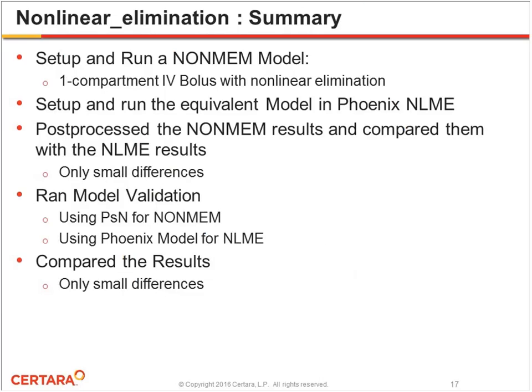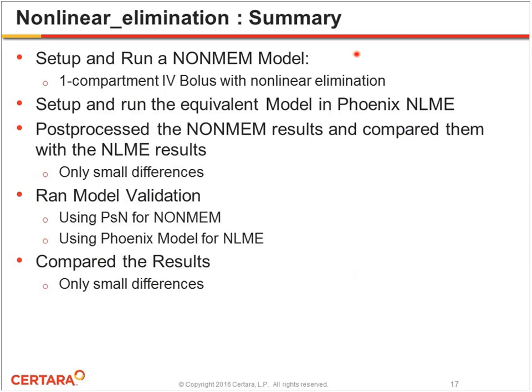Okay, this is already close to the end of the presentation. So what we did today, we set up and ran a NONMEM model, one compartment IV bolus with nonlinear elimination. And we did the same for the Phoenix NLME, a side-by-side comparison, and then we processed all the results and compared them, and we could only inspect small differences.